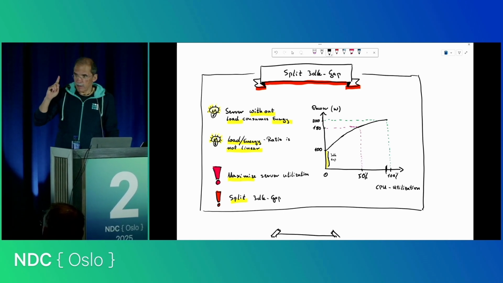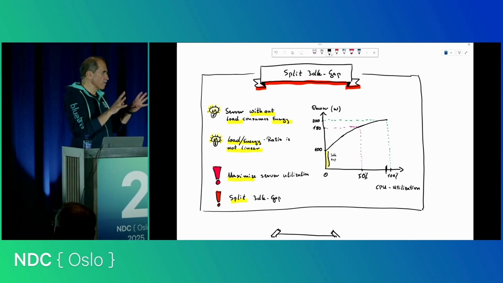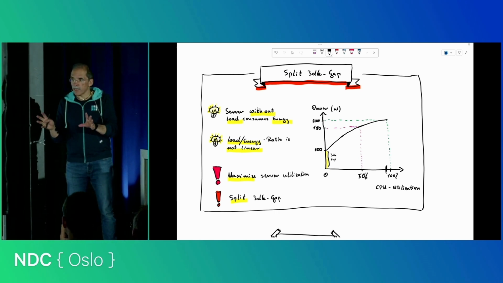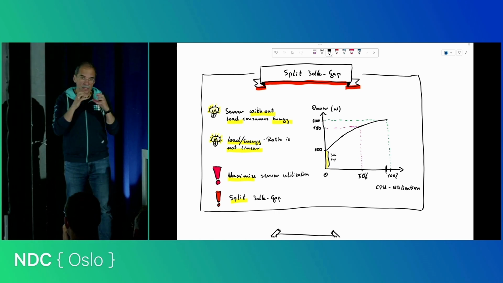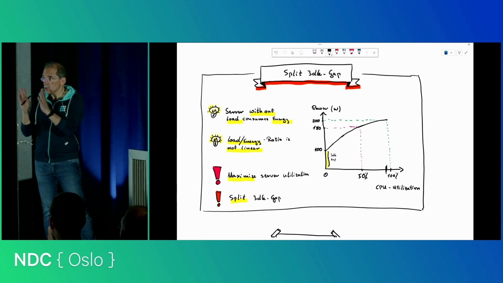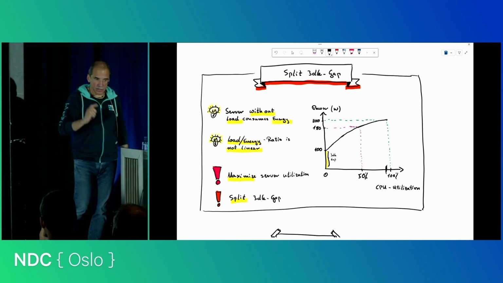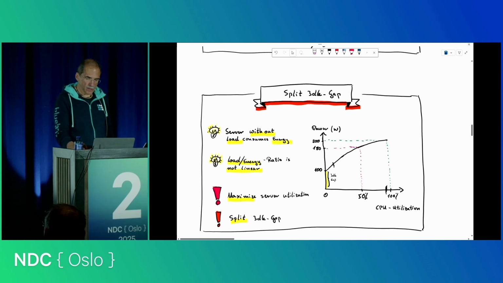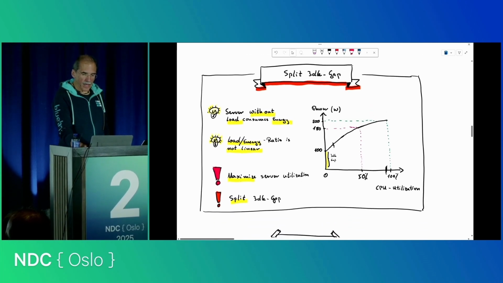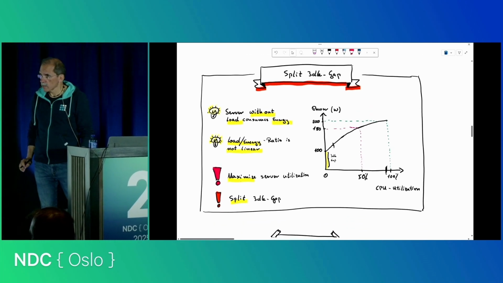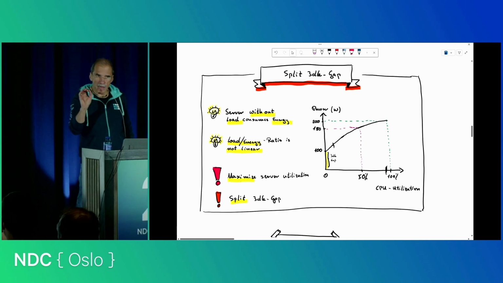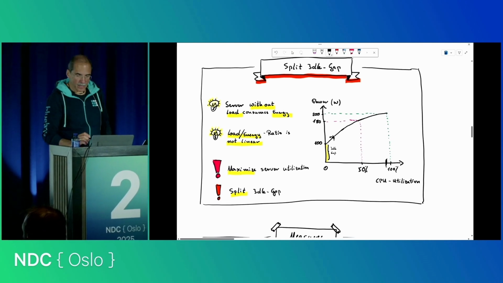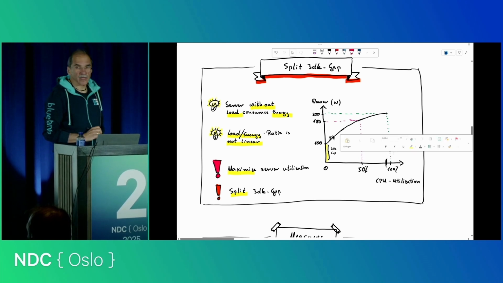Many of you have heard about green coding and optimizing loops and data and so on. And this is true, but if your CPU utilization is here, and you do a lot of work to optimize your app to bring it here, then the saving is very small.